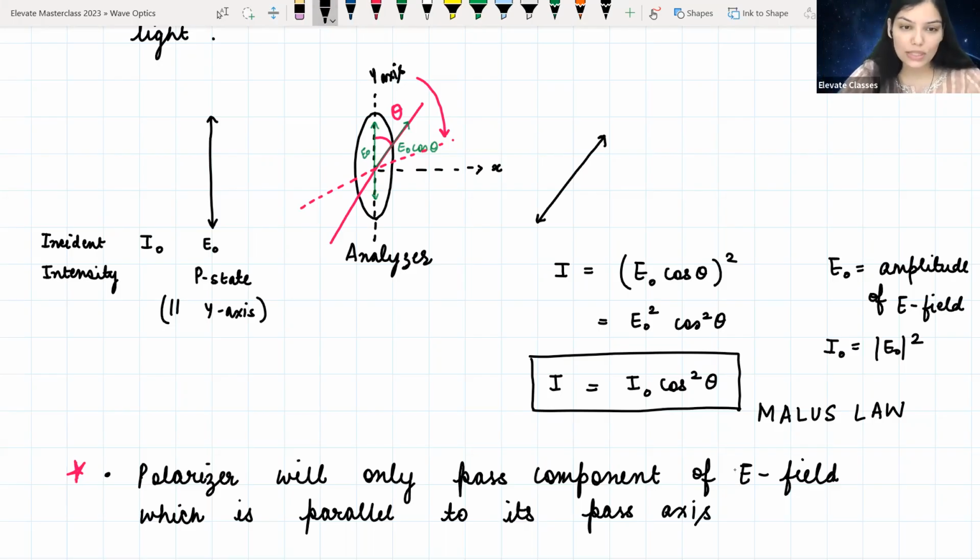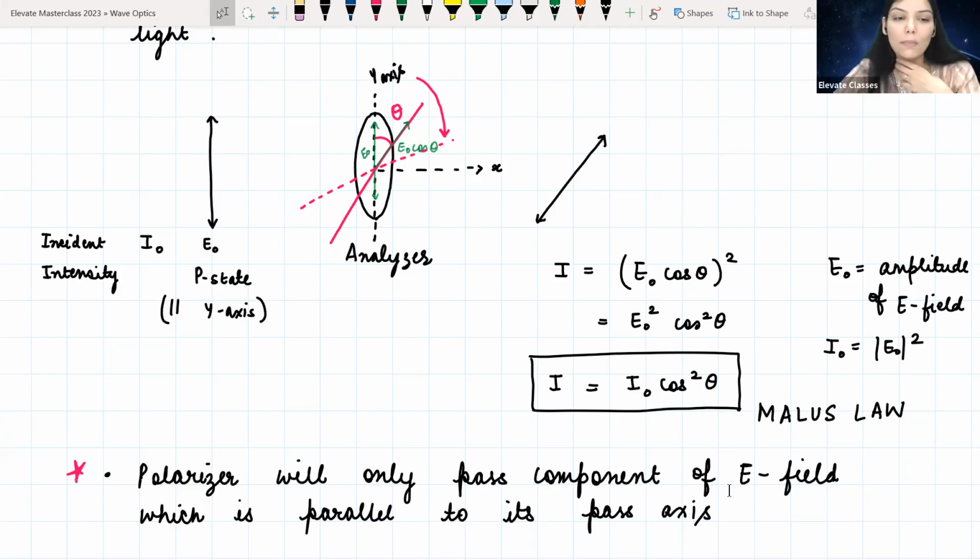So what we do is we vary this angle theta, and we plot the intensity I we are getting. So we make a graph on which on the y-axis we plot the intensity, and on the x-axis we plot this angle theta. So basically we are making a plot of how intensity varies as this angle theta is changed.